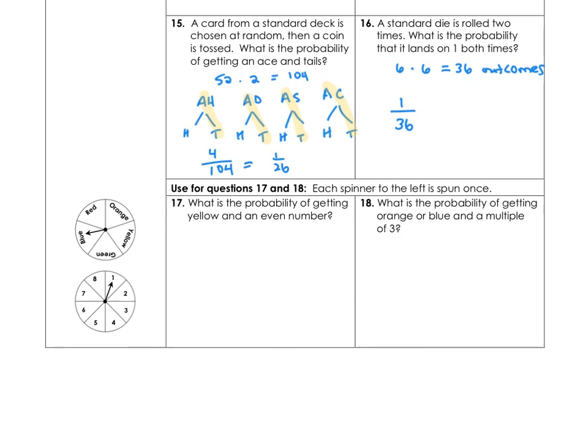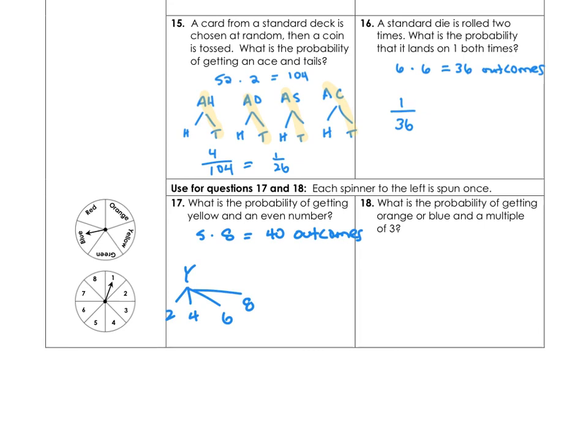All right, 17 and 18. Each spinner to the left is spun twice, okay? So we have some colors and we have some numbers. What's the probability of getting a yellow and an even number? First of all, we need to find out how many outcomes we have. 5 times 8 equals 40 outcomes. Okay, and then we could get yellow, and then we could get 2, 4, 6, or 8.